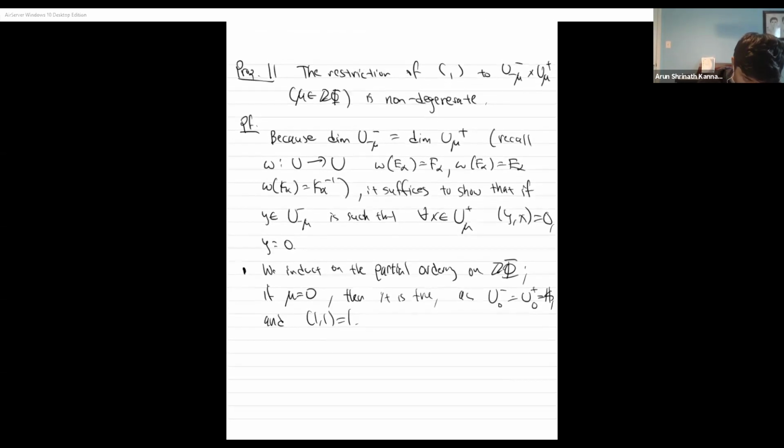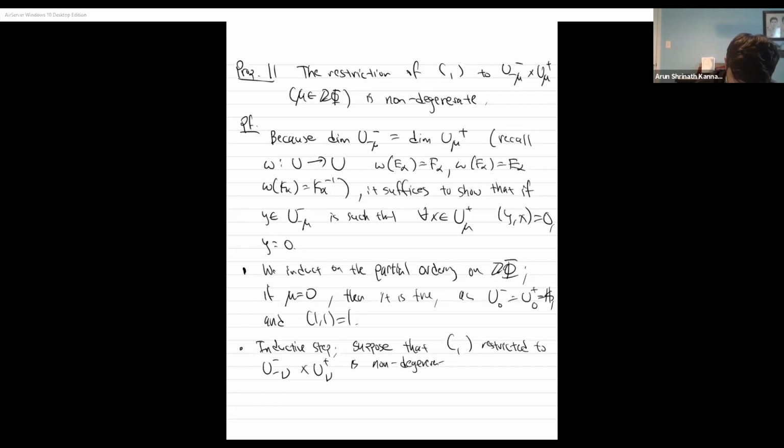And so now, in the inductive step, suppose that the restriction to nu, u minus nu cross u nu plus, is non-degenerate for all nu less than mu in the partial order given by the simple roots.